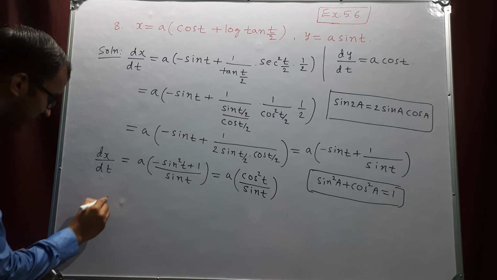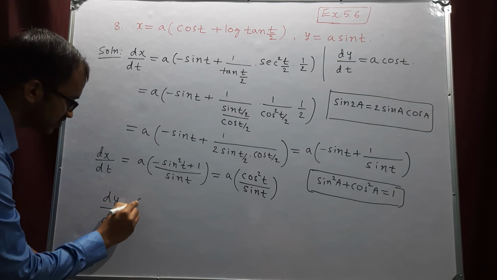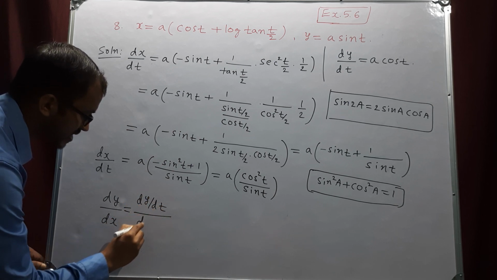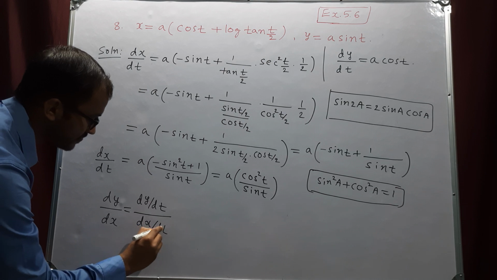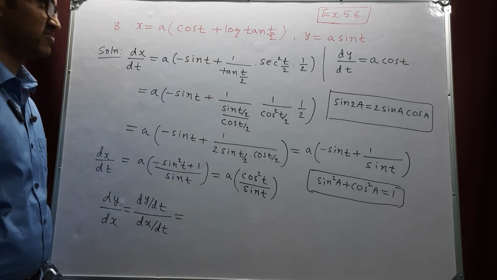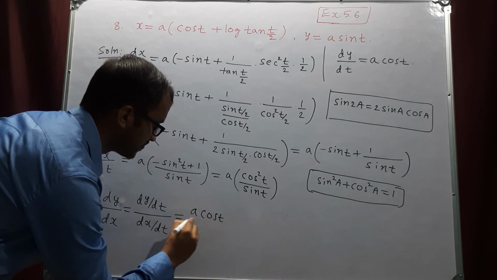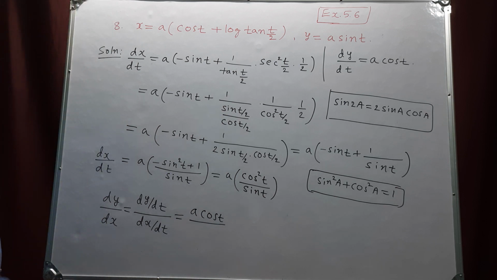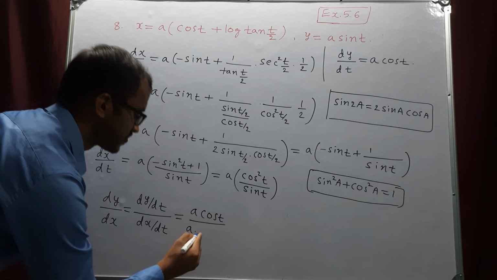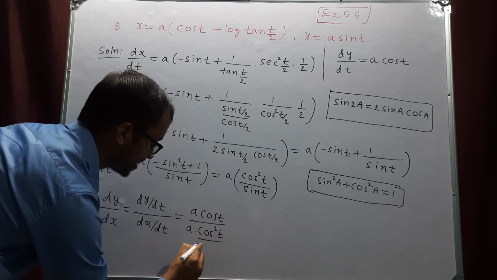Now find the value of dy by dx. dy by dx is equal to dy by dt by dx by dt. dy by dt means we got a into cos t by dx by dt. dx by dt means a into cos square t by sin t.